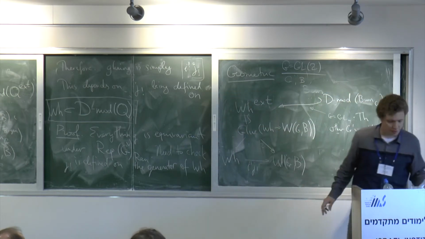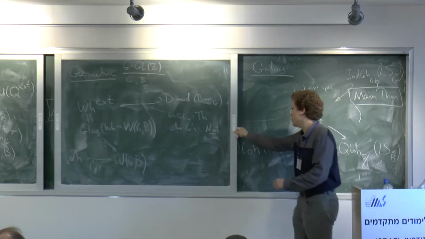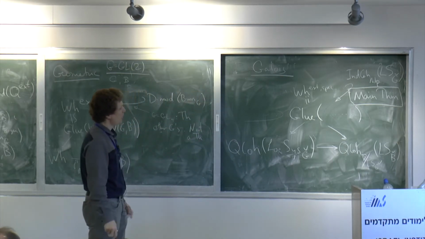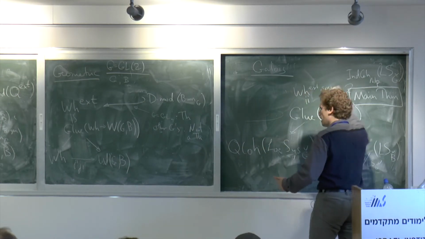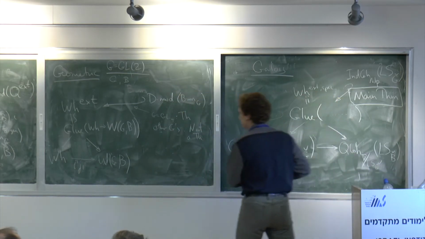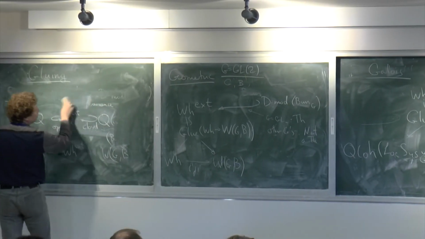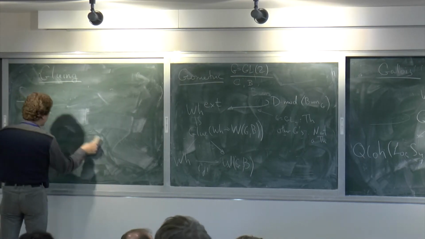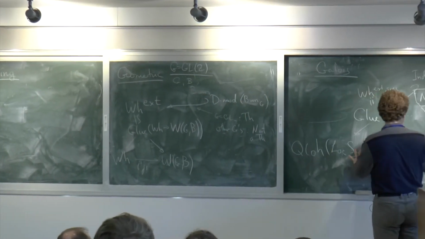OK, now let me cover the statement and uncover the Galois side. Now, what happens on the Galois side? Let me set up this diagram. So on the Galois side, there are only two spaces involved.